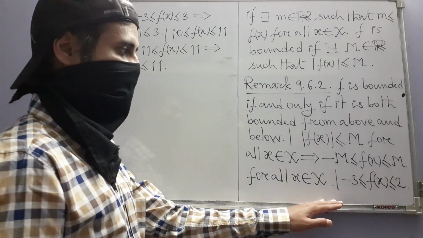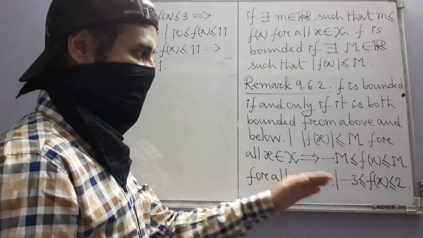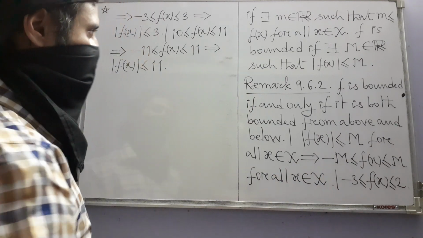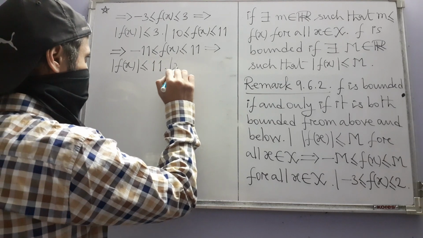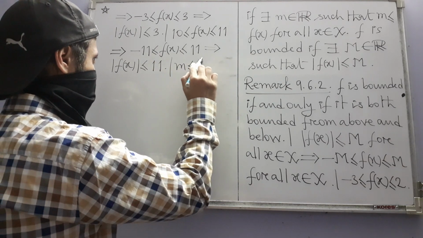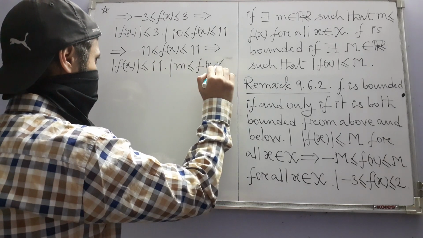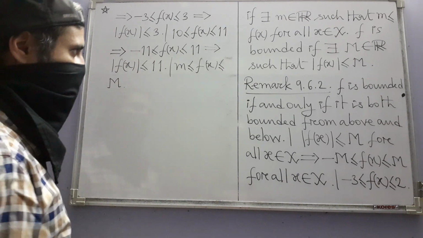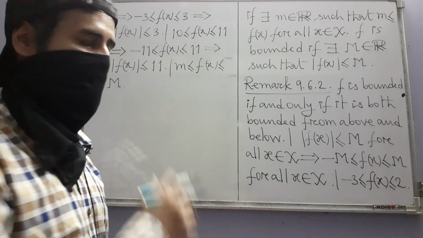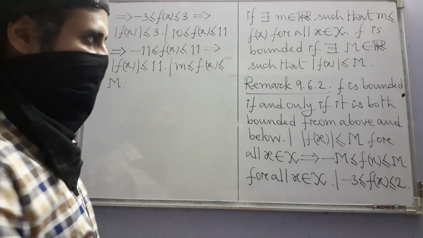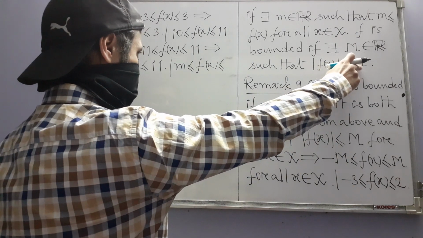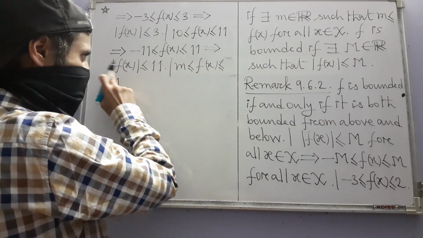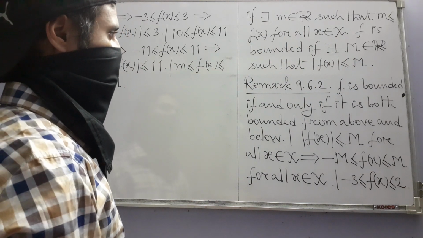From these two instances, you can try to formulate what to do in the general case. Say, you have one lower bound, small m, and an upper bound, capital F. What should our capital F be? Of course, this m is not actually this m. If you want, you can use some other letter also.